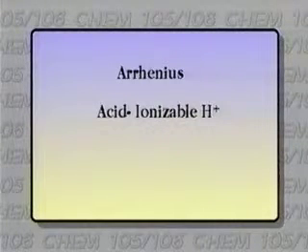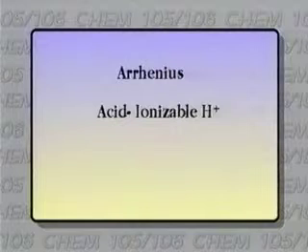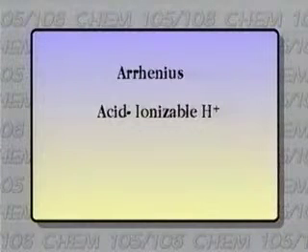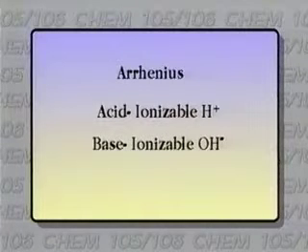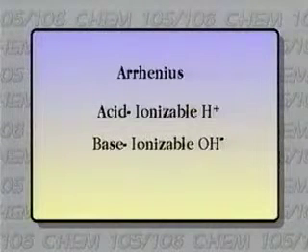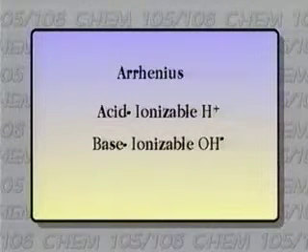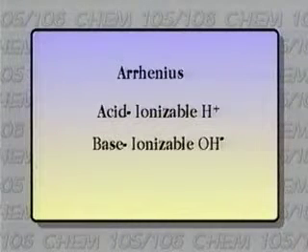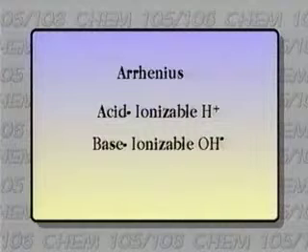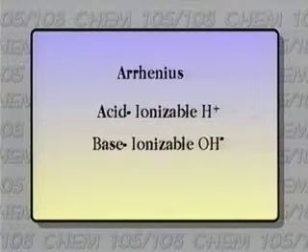Well, then as he looked at what the chemical composition was for the bases, he found that they had an ionizable hydroxide ion, a negative charged pair. This is not just a single atom, it's an oxygen and a hydrogen hooked together, which has a negative charge.